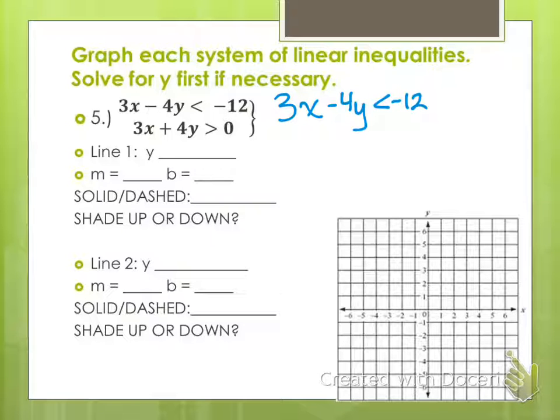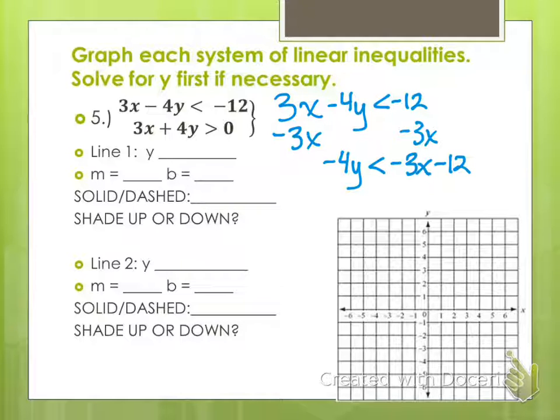We are trying to get y by itself. Ryan, what should we do? Good. We subtract 3x on both sides. That leaves me negative 4y is less than negative 3x minus 12.